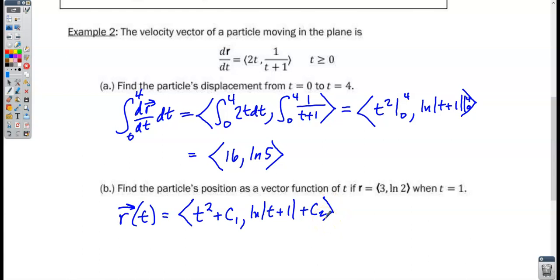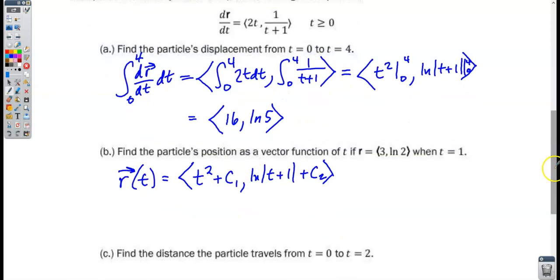And then I'm going to find my constants. This should be 3 when t is 1. So 1 squared plus c sub 1 is equal to 3, which means that c sub 1 is equal to 2. And this is supposed to be natural log of 2 when t is equal to 1. So natural log of 1 plus 1 plus c sub 2 is equal to natural log of 2, and therefore c sub 2 is 0.